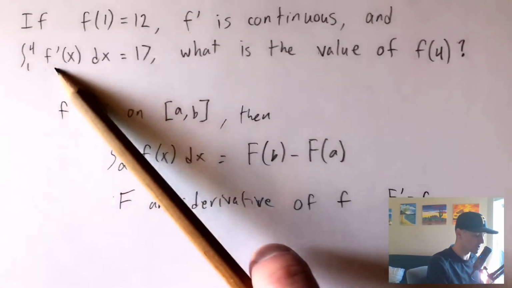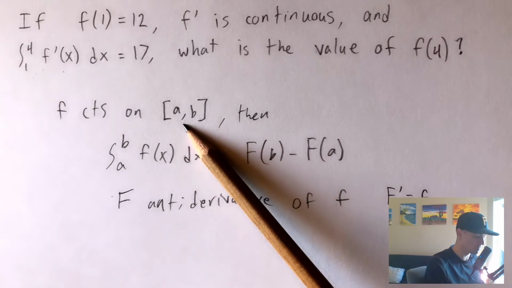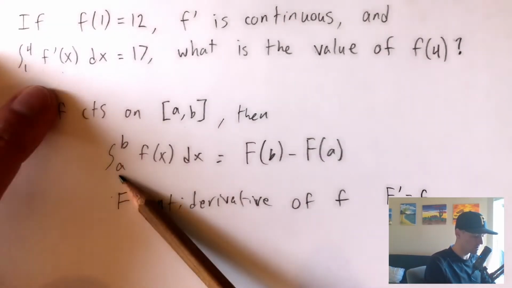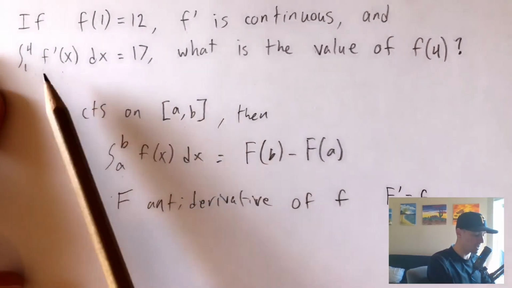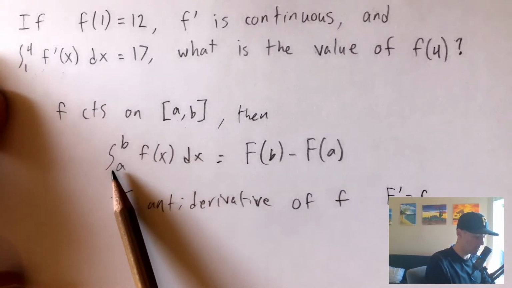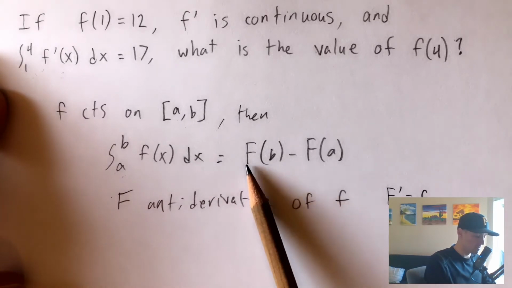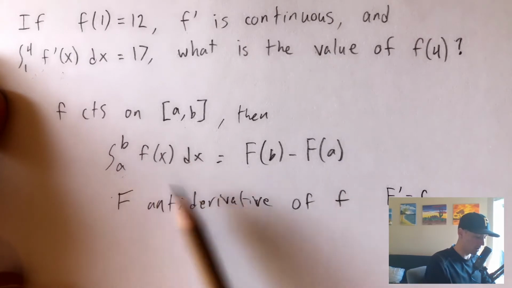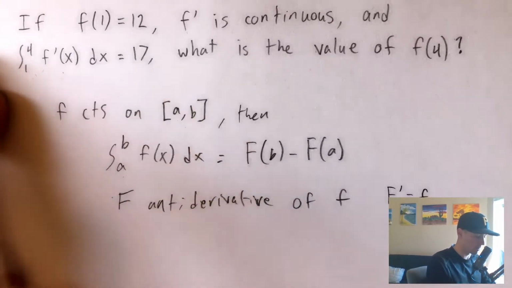So since this function that we're integrating from 1 to 4 is continuous on that closed interval, we basically can say that if we take the integral of this function, in this case f prime, from 1 to 4, or from a to b, that is equivalent to plugging in our upper bound and then our lower bound into some function which is an antiderivative of the function that we're integrating.